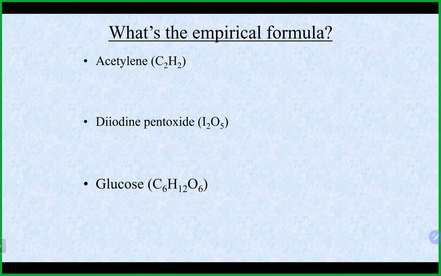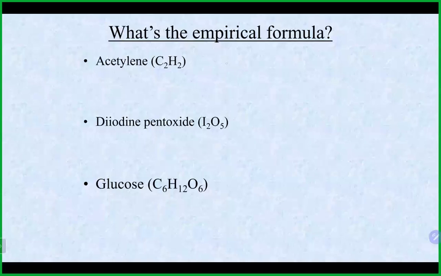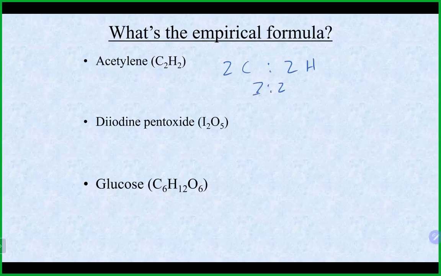Let's take a look at the first one. We have 2 carbons for every 2 hydrogens. That's a 2 to 2 relationship, which you can reduce to a 1 to 1 relationship, so our empirical formula here would be CH, as you can divide each by 2 and still get whole numbers.